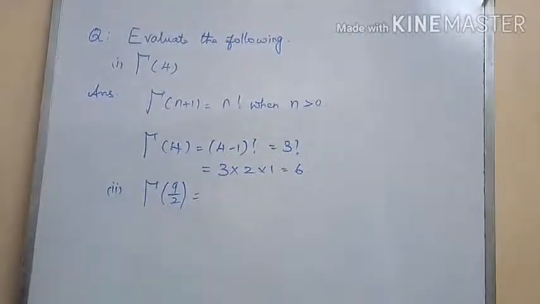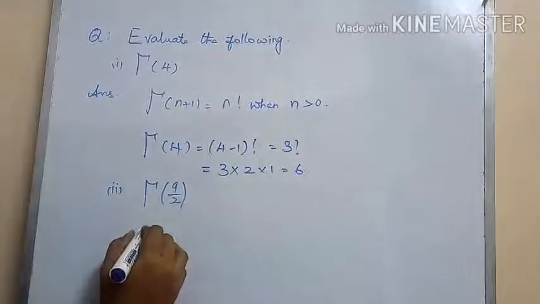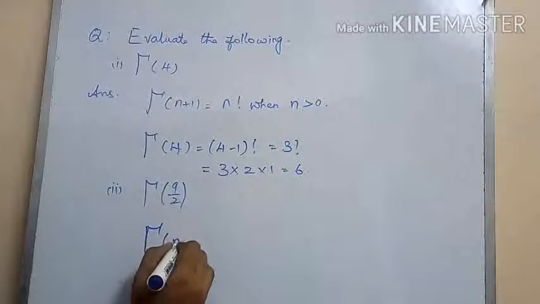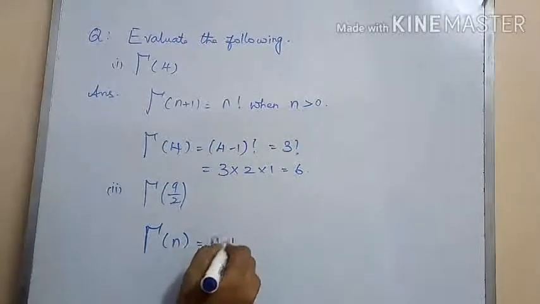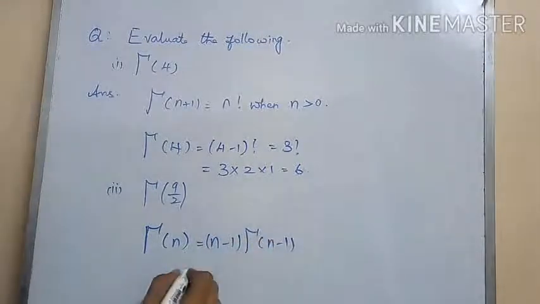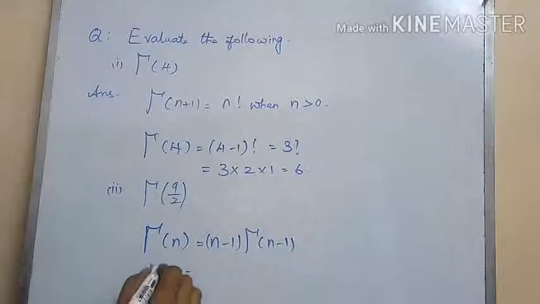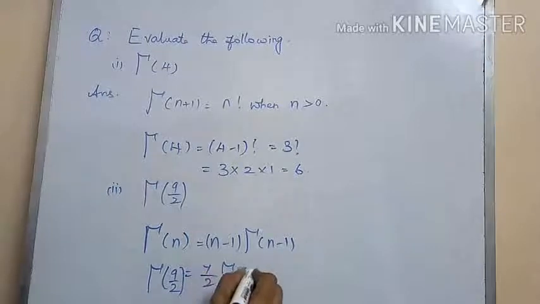The second problem we have is gamma of 9 by 2. We know that gamma of n is equal to n minus 1 into gamma of n minus 1 when n is greater than 0. Therefore, gamma of 9 by 2 is equal to n minus 1, that is 9 by 2 minus 1 is 7 by 2 into gamma of 7 by 2.